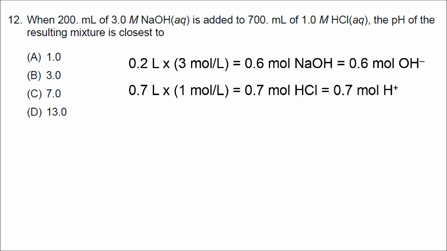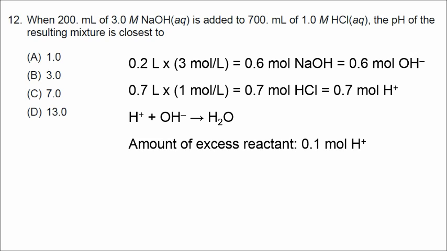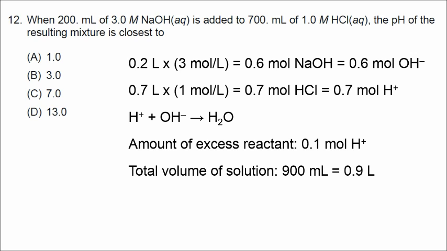So we have 0.7 moles of HCl, 0.7 moles of H+ ions. H+ reacts with OH- to make water, but we still have an extra amount of H+. So the amount of excess H+ is 0.1 moles, and that would be dissolved in a total volume of 900 milliliters, or 0.9 liters.